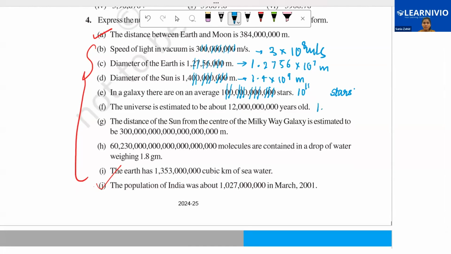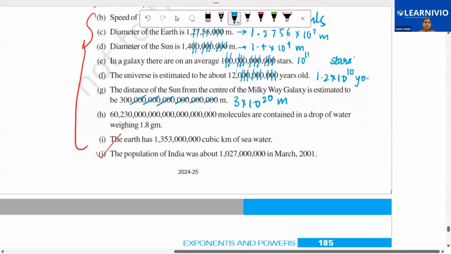Next it is 1.2 into 10 to the power 10 years. Next it is 3 into 10 to the power 20.